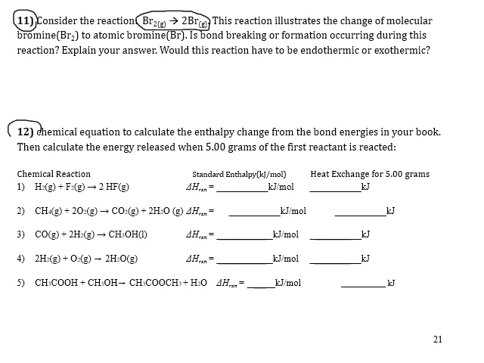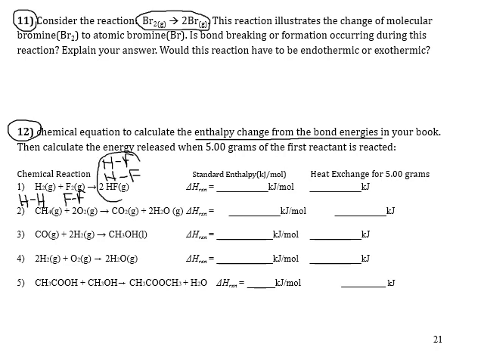So in number 12, your goal is to calculate the enthalpy change from the bond energies. Now the bond energies on the previous slide, we did this H-H bond. We saw that a hydrogen single bond, H-H single bond, was broken, an F-F single bond was broken, and then 2 H-F bonds were created. Now you can go to your table in your textbook and find the bond energy values or bond enthalpy values for those individuals and add them up.